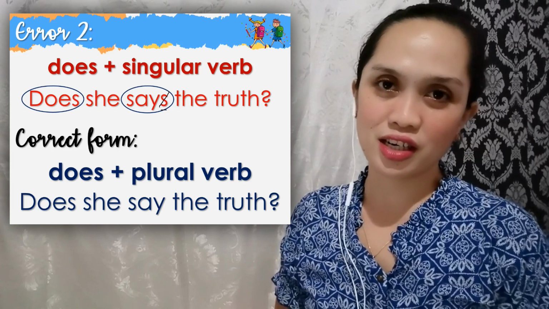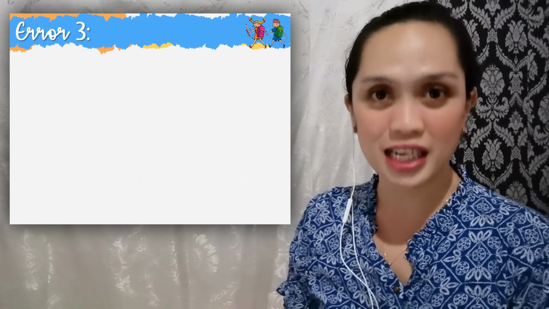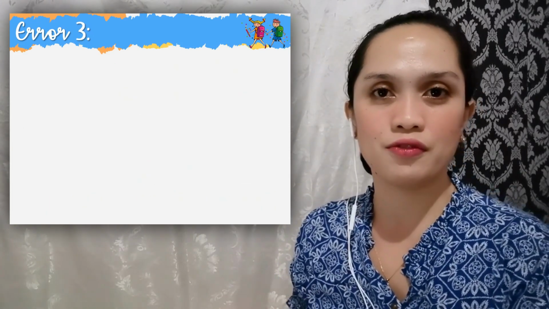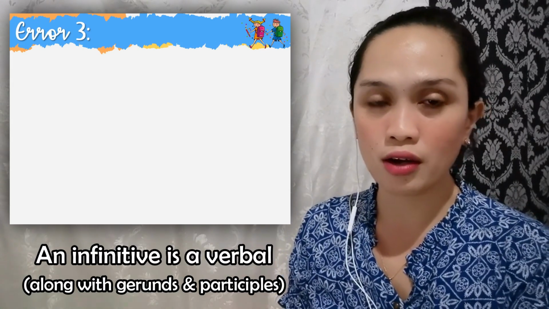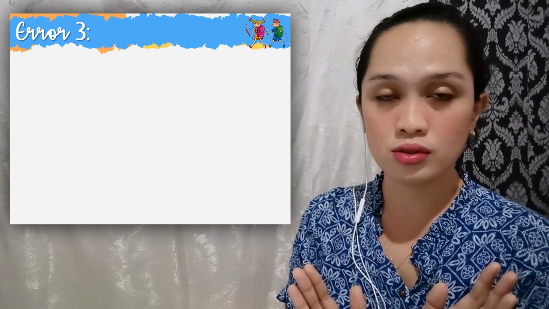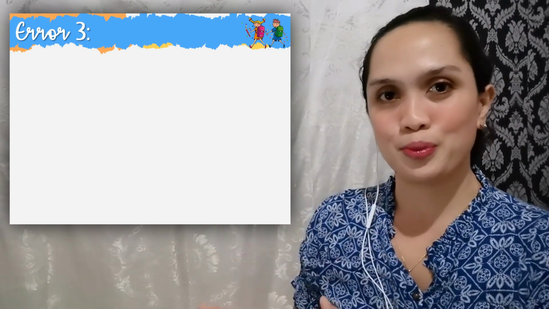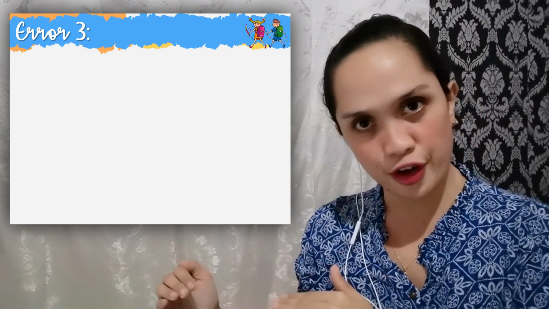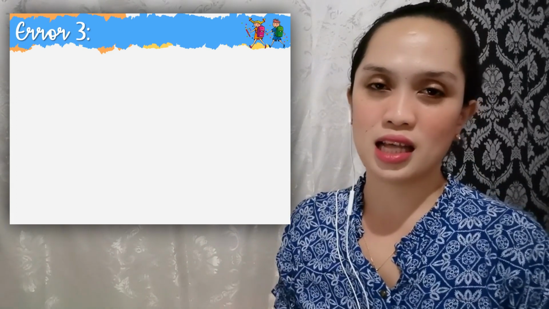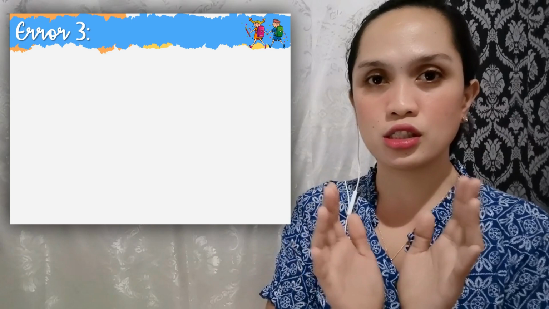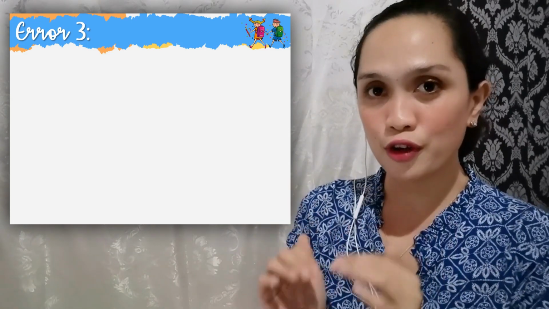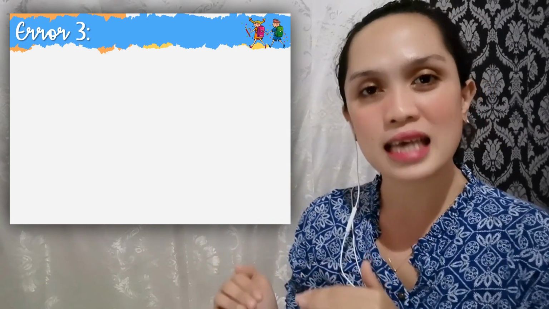So the third error has something to do with an infinitive. What is an infinitive? An infinitive is a verbal which takes the form of the word to plus verb. So the error I saw is that the infinitive is done by using the word to plus the verb in its past tense.